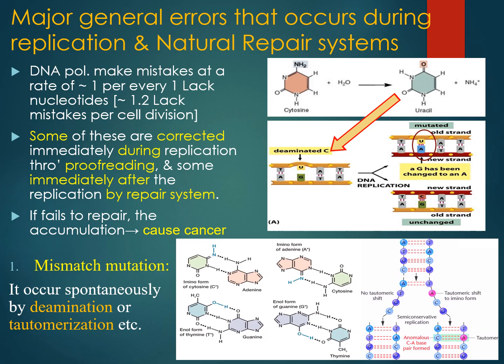Some mismatch mutation can happen by deamination, as shown in the image. Cytosine, when deaminated, is converted into uracil. So you can see the effect of such mutation in the DNA as illustrated. The U is introduced instead of cytosine. When this DNA is replicated, there are two chances.